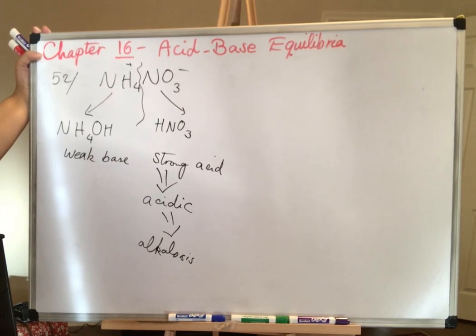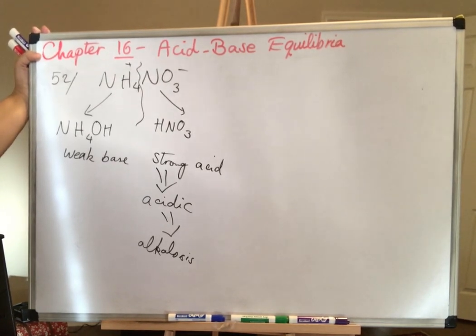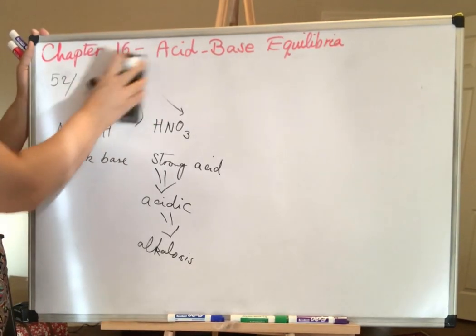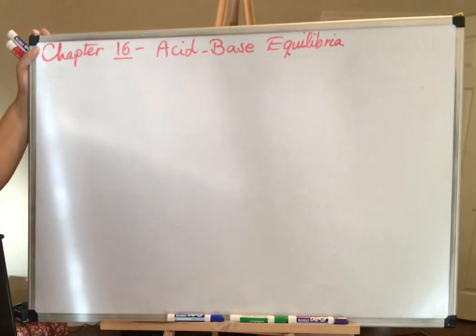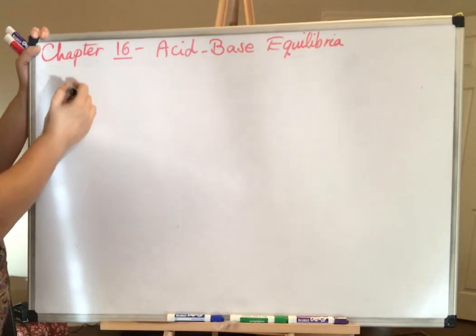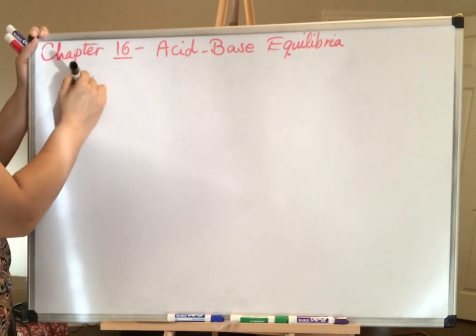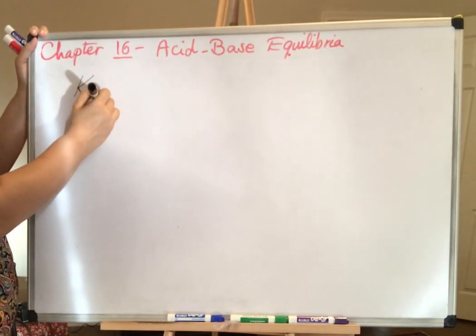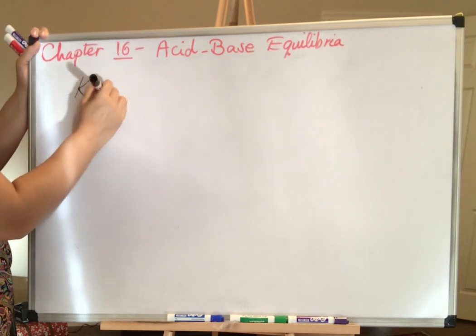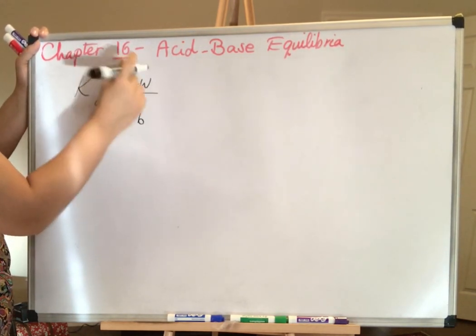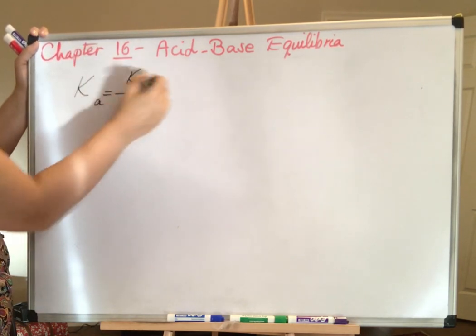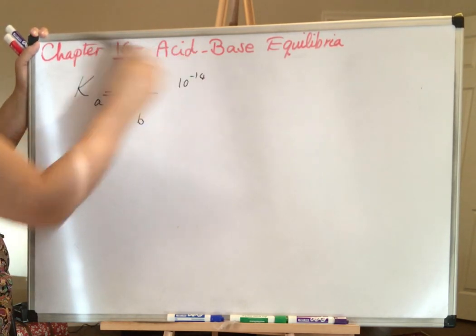One more thing I want to tell you is the final equation so you won't be confused: the relationship between Ka and Kb is that Ka is Kw divided by Kb. Remember, Kw at 25 degrees Celsius is 10 to negative 14.